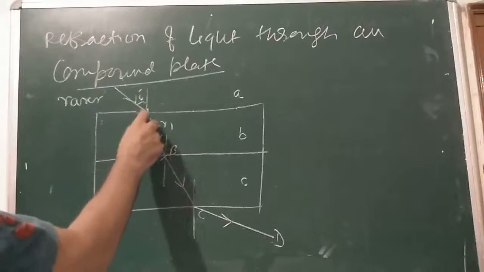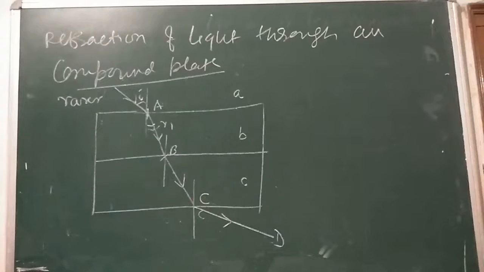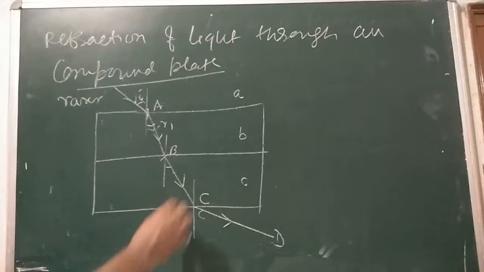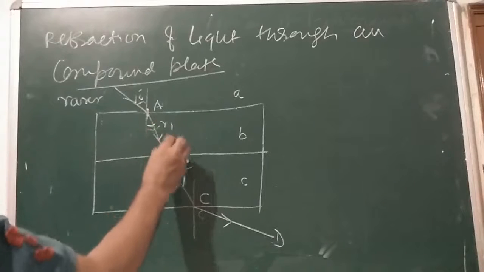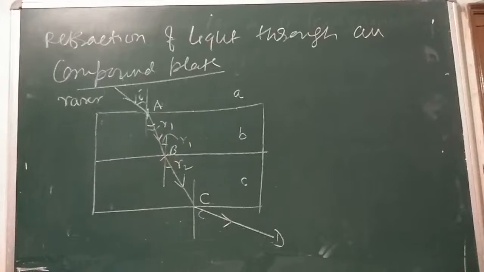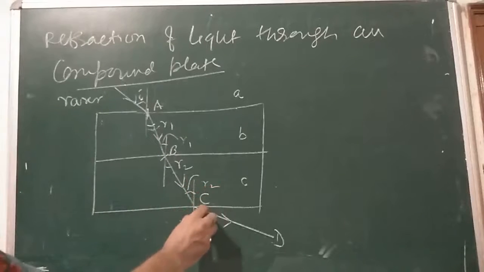Here are the 3 points A, B and C. Here, say the angle is R2. This is R1, this is again R1. Now, here is R2, this is R2. And here is again I.